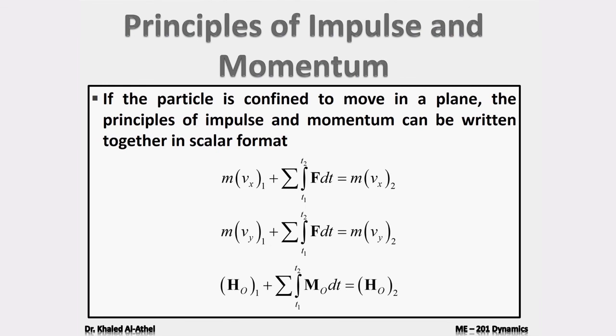In scalar format, usually, let's say if you have a problem where the particle is confined to move in a plane, meaning that its linear motion is happening in the plane xy, whereas the angular momentum is happening in the perpendicular axis, which is the z-axis, then you have these three equations: 2 linear impulse and momentum, and 1 for angular impulse and momentum.